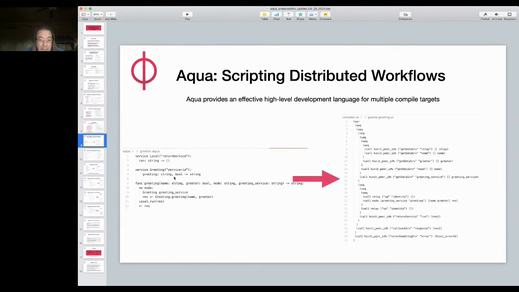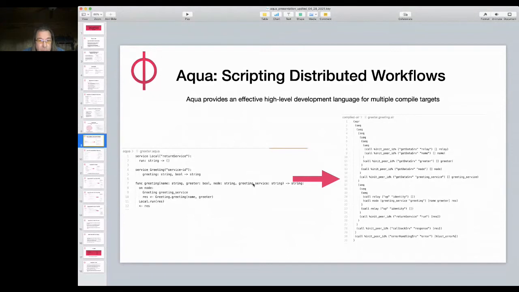And then we associate the service with an execution statement. What we're saying here is, on the input variables, we got the name, Joe, we got the greeter, which is our Boolean, and then we get the node identity and the greeting service ID.